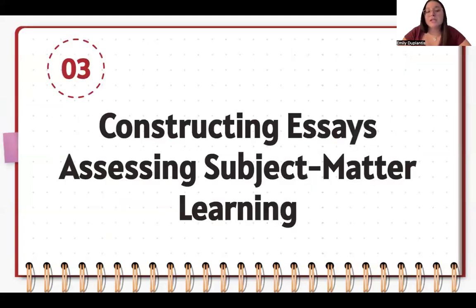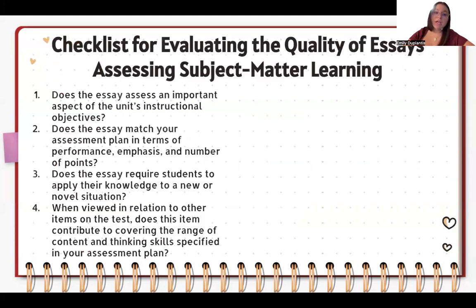Section 3 is constructing essays, assessing subject matter learning. So how do we assess subject matter learning? There is a giant checklist for this. It is 10 items long. And I do find that all of this information is absolutely pertinent to creating quality assessments as far as essay questions go.